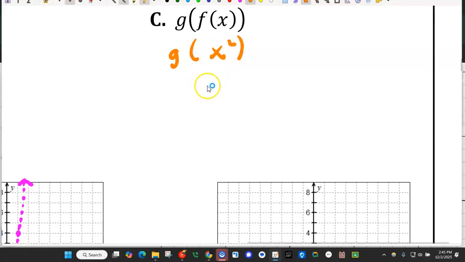If I plug x squared into g, the x becomes x squared. So what kind of change is this?